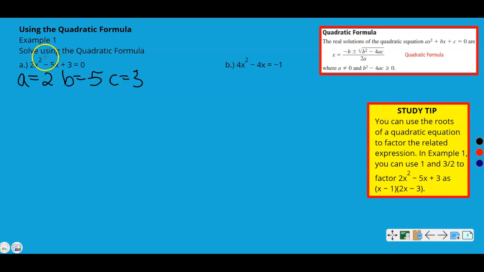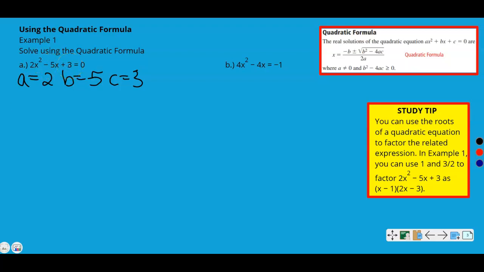This is called your linear term, negative 5. This is your constant term. All right, this is very important to know these terms on the EOC. There's always questions about identifying specific parts of an equation, and it seems like that's something that we have struggled on in the past. So make sure you know quadratic term, linear term, constant term.